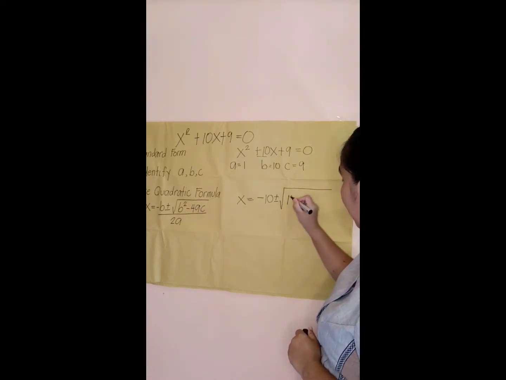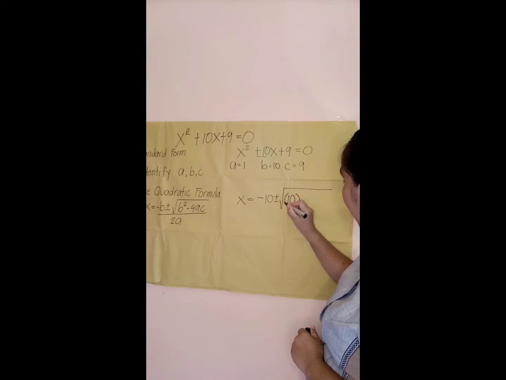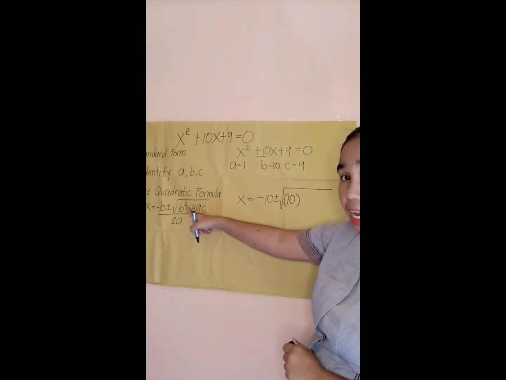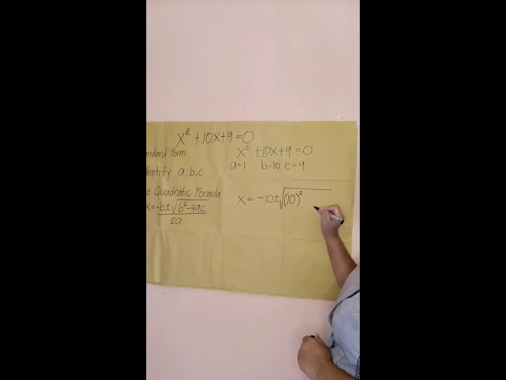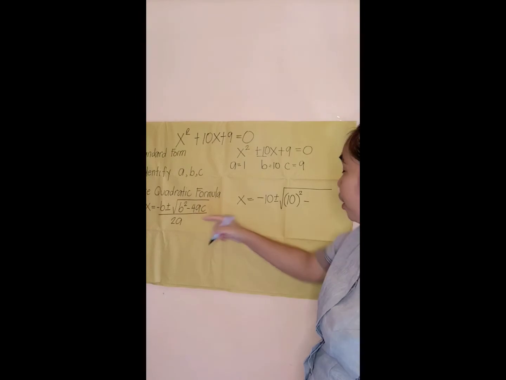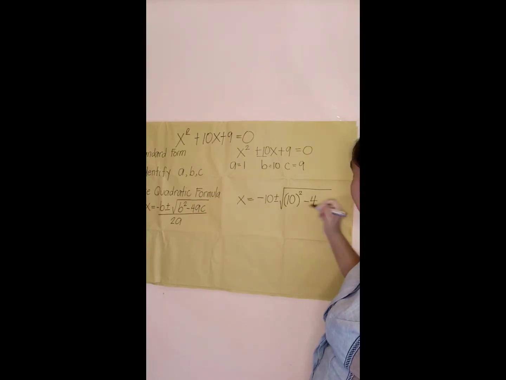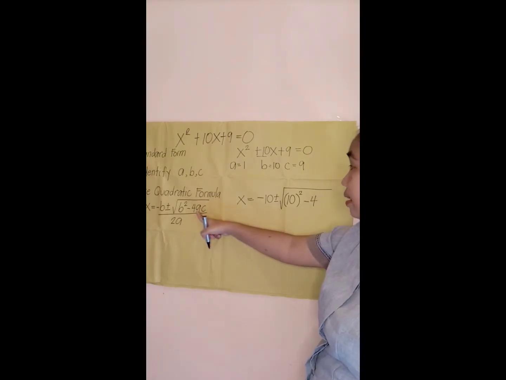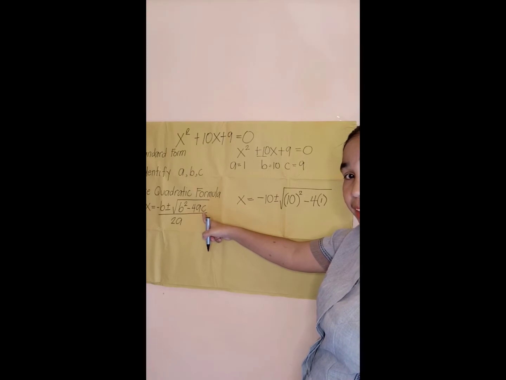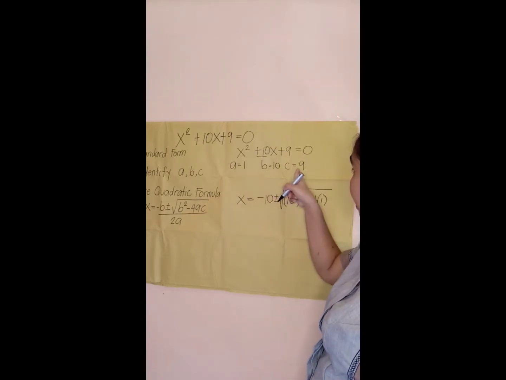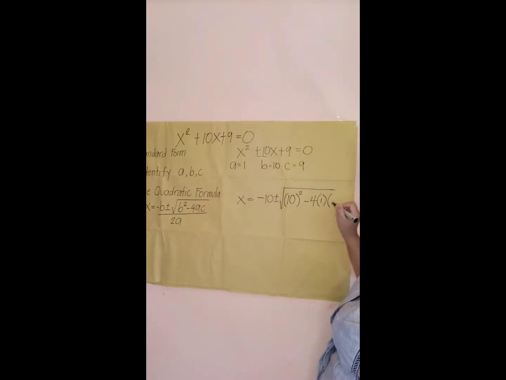So, lagay natin dito 10. At naka-squared siya. So, i-square din natin. Okay? Minus 4a. Okay? Ano yung a natin? That is 1. And c. What is our c? That is 9. Okay? Do you follow?